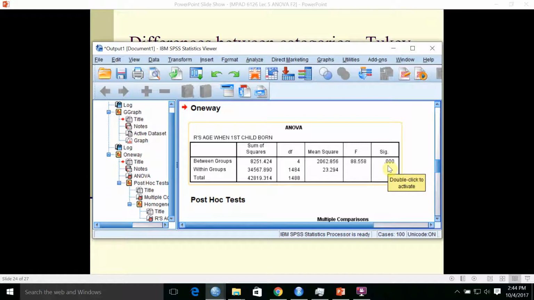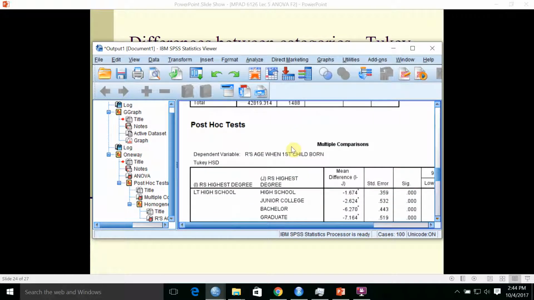It is very, very, very significant. So apparently the people that have different degrees come from significantly different populations when it comes to their decision of when to have children.